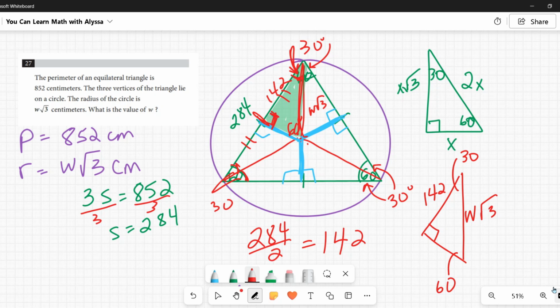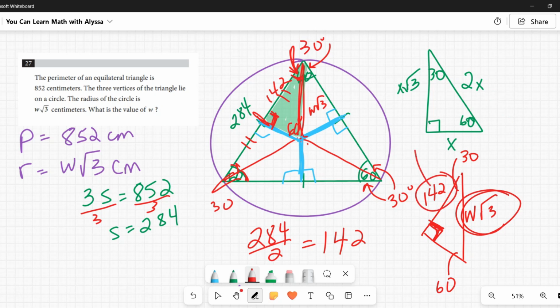Right, so does it fit this little thing? Yes, it does. How does it fit it, though? We have to be very careful. We don't want to just see this square root of 3 and think, oh, that's that side. It isn't. We have to go by where the side is relative to that right angle. This w square root of 3 is the hypotenuse. It's correlating to the 2x.